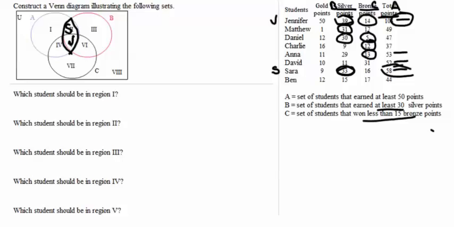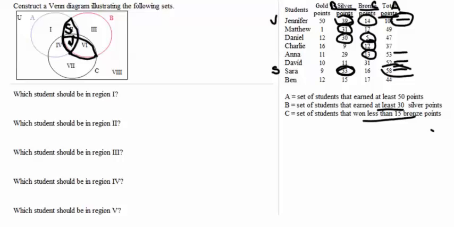Now if we were looking for the intersection of B and C, those 2 circles intersect in that kind of downward football from left to right. We know Jennifer is in there. Are there any other students that are in B and also in C?